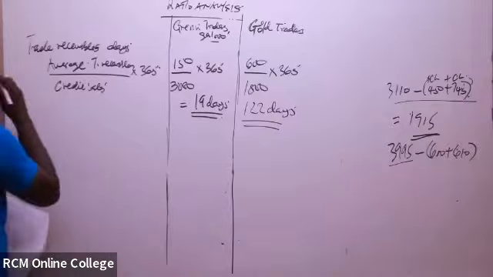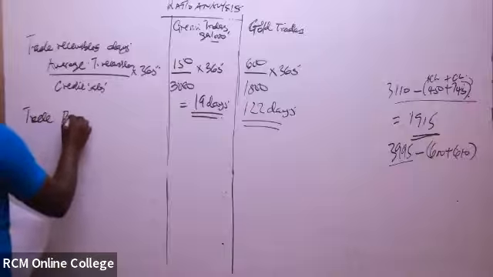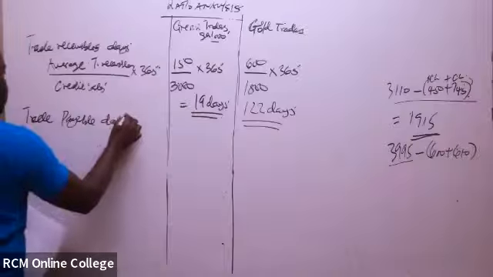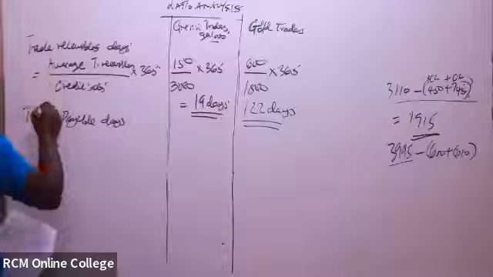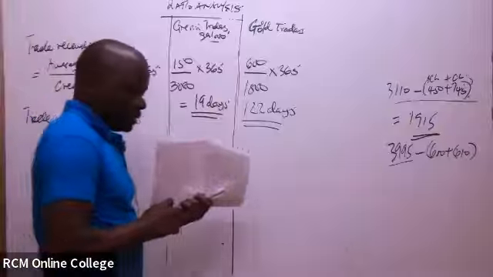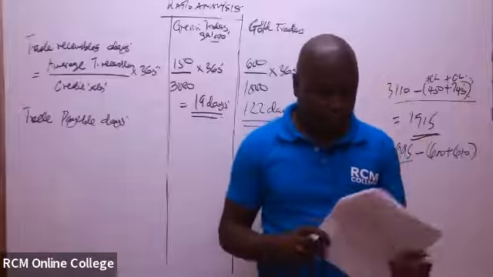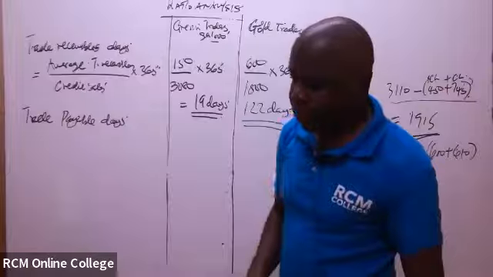So in this case, we have the trade payable days. What is the formula for the trade payable days?